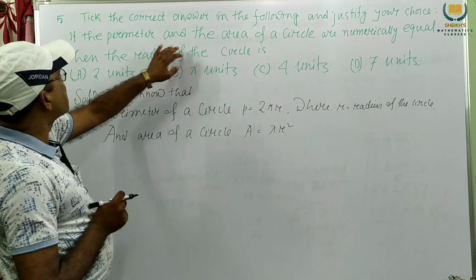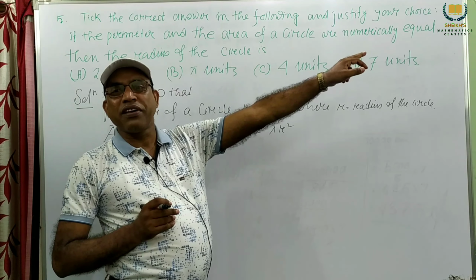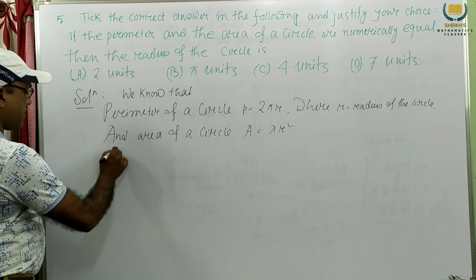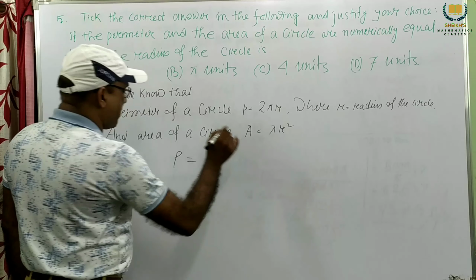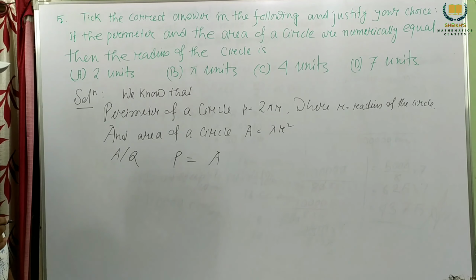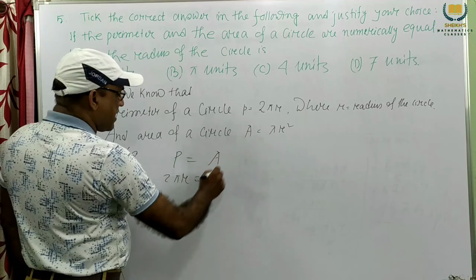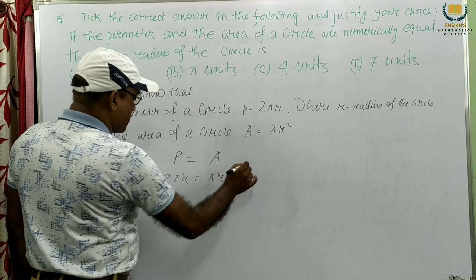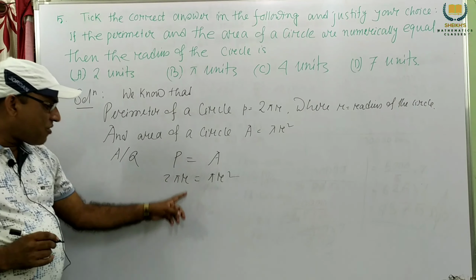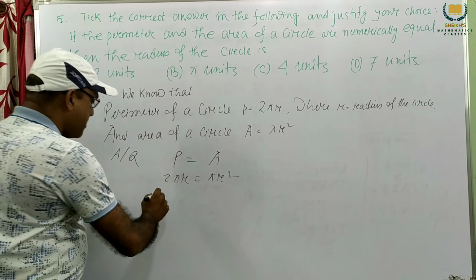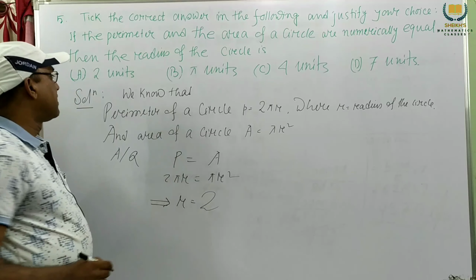So according to the question, if the perimeter and area of a circle are numerically equal, P equals A, given perimeter and area are equal. P means 2 pi r, area means pi r square. This pi cancels, one r cancels. So this implies we get r equals 2.